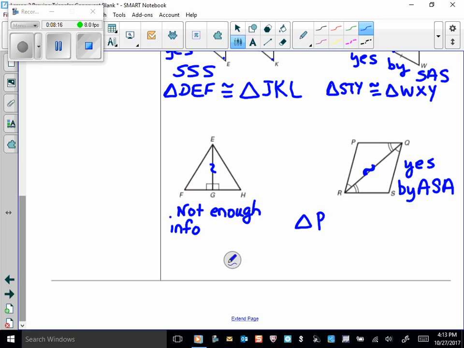Let's say triangle PQR is congruent to triangle. So if I start at P and go to Q, that's from the unmarked angle to the angle with two marks. So that means I got to start at S and go to R. SR. So PQR is going to be congruent to SRQ. Got to be careful there.